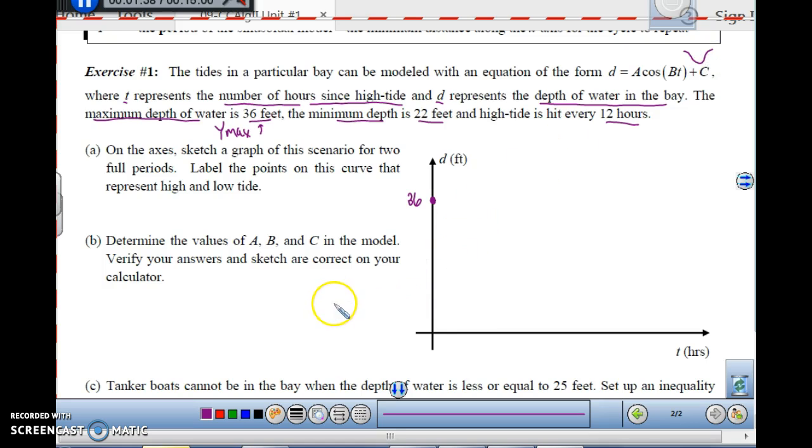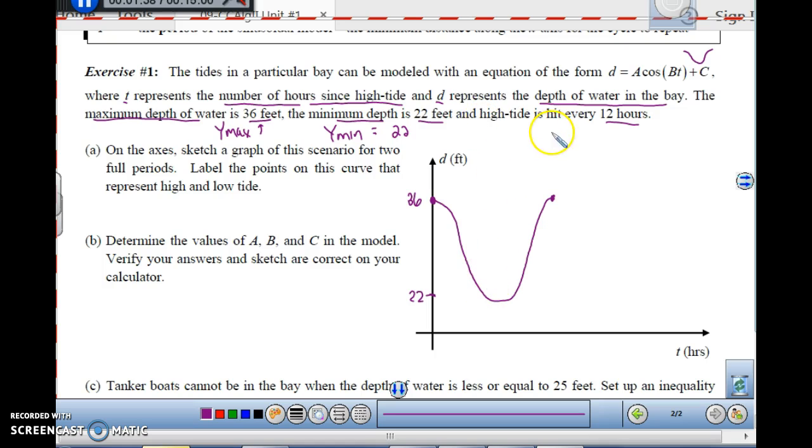It's got to go down to a minimum depth of 22, so y min will be 22. So the graph will go down like this to 22, and then come back up to high tide at 36.